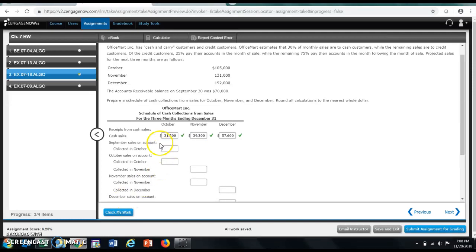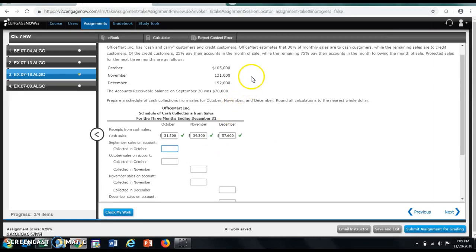Well, let's go down and see what other cash we expect to get our hands on each month. So in October, the rule is we collect 25% of receivables from the month's sale in the current month and 75% from the month's sales in the following month. So if we are in October, isn't it true that 75% of September's sales on account would be collected in October, and that's cash we would have?